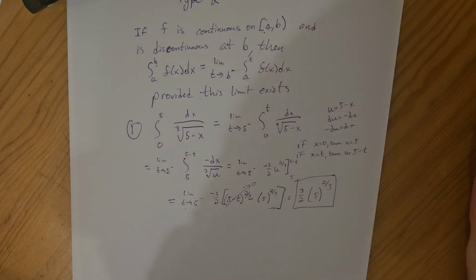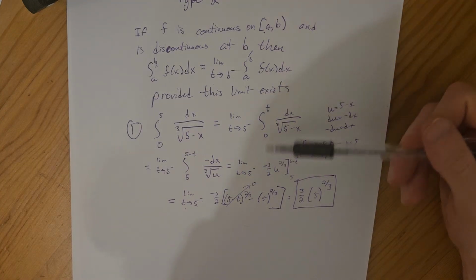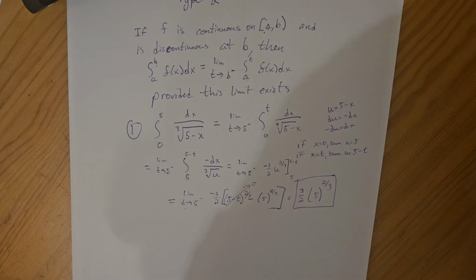I'll say one thing here at the end of the video. We must always be careful of making sure that for definite integrals our function is continuous everywhere inside that interval and at the endpoints. Except now if we have this asymptote or a discontinuity at the endpoints, we can apply this method.